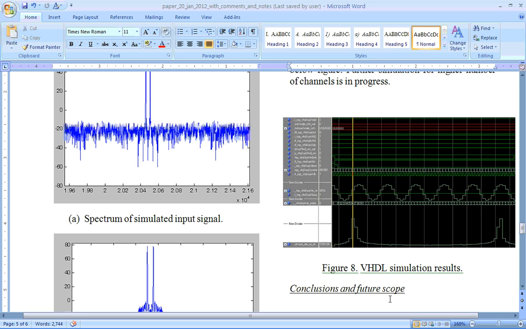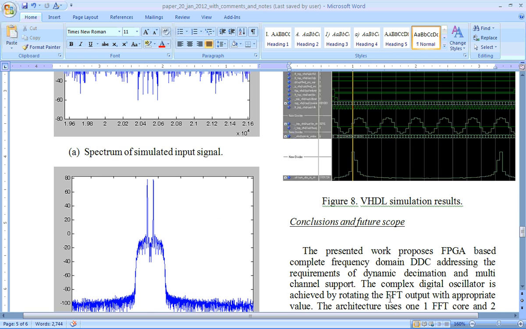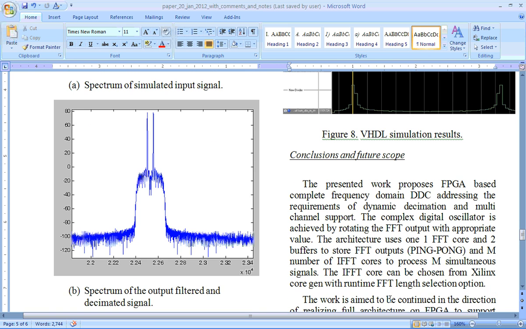That's why the spectrum is not looking like a peak. We have to modify this code and do it for a 1K point FFT. If we are unable to get the board by that time, leave the synthesis part, and for simulation only we have to take higher FFT sizes and simulate. I am giving all that in the future scope.